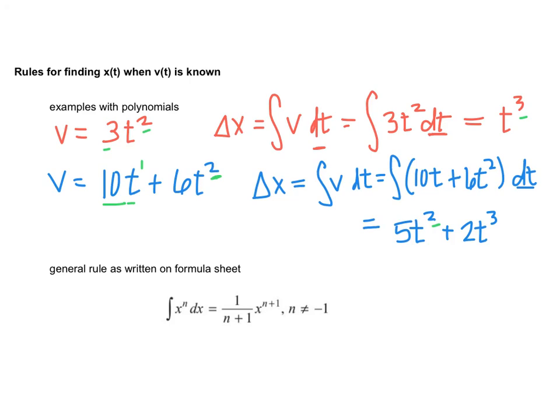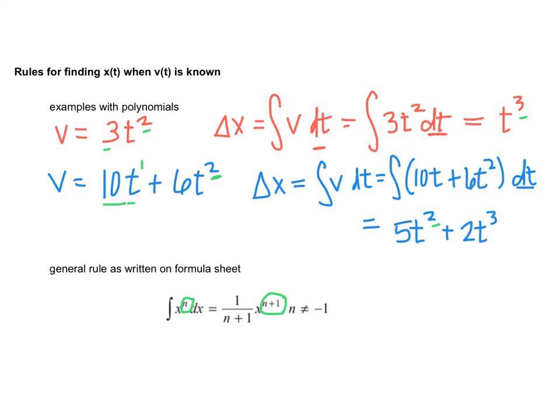The idea is that when you integrate, when you follow this particular rule of calculus, whatever your exponent is in the original function, it goes up by 1 in the new function. And then remember, with derivatives, we ended up multiplying by an exponent.